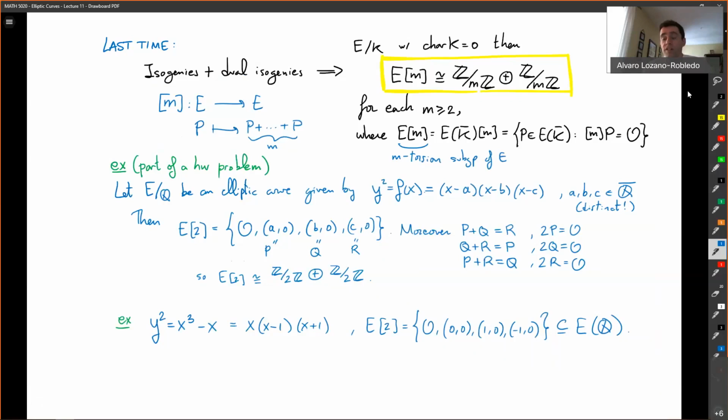If the characteristic is p and you're looking at the p torsion, then it can be that the p torsion is either trivial or one copy of Z mod p.